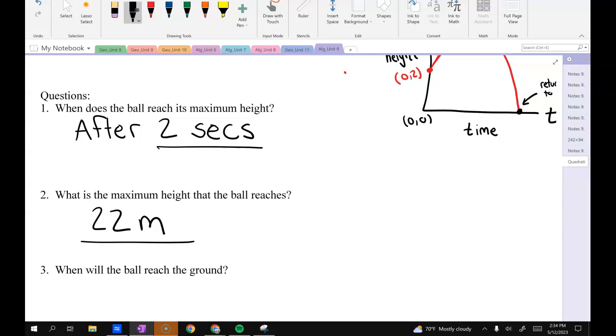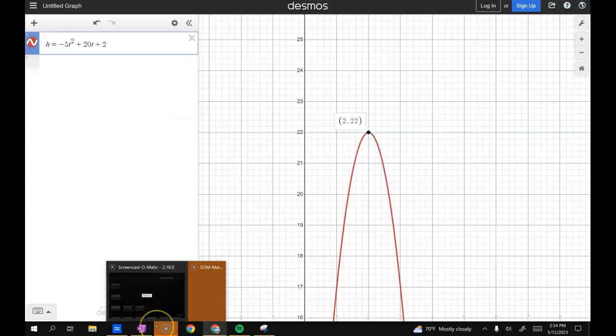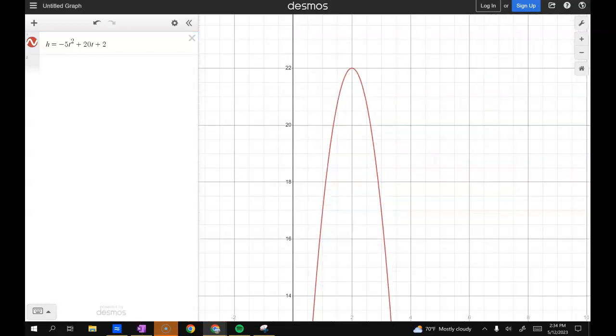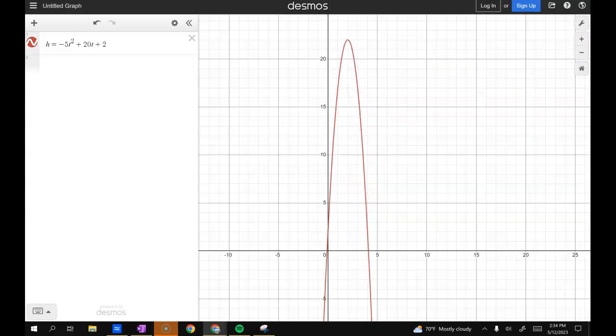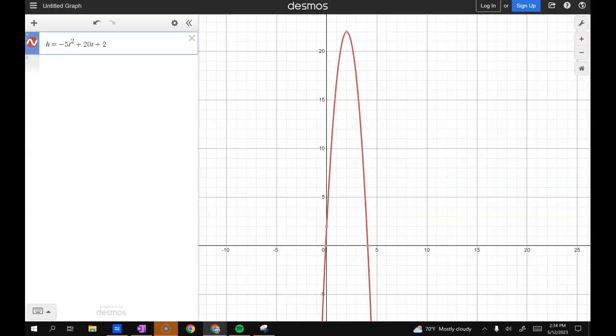All right. Question 3. When will the ball reach the ground? We're going to go back to our Desmos graph. And the path of the ball, and this is where I'm throwing it from, it's in the air. It reaches the maximum height, and it starts falling back down to the ground until we have a height of 0.